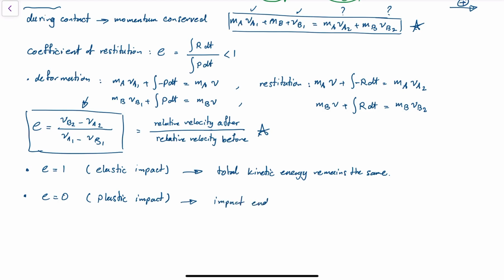Impact ends at max deformation, and the two bodies move together with the same speed. And in this case, a lot of kinetic energy is lost and turned into heat.